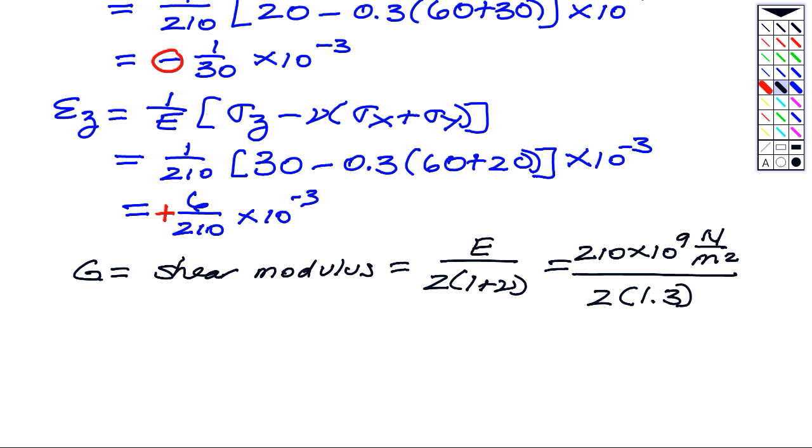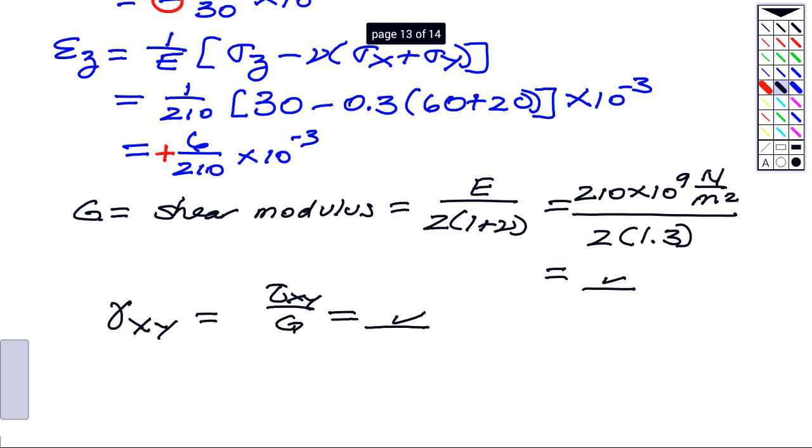So whatever number that comes out to be, when we get through to find the shear strain gamma xy, that becomes tau xy divided by G. So we have numbers for that.